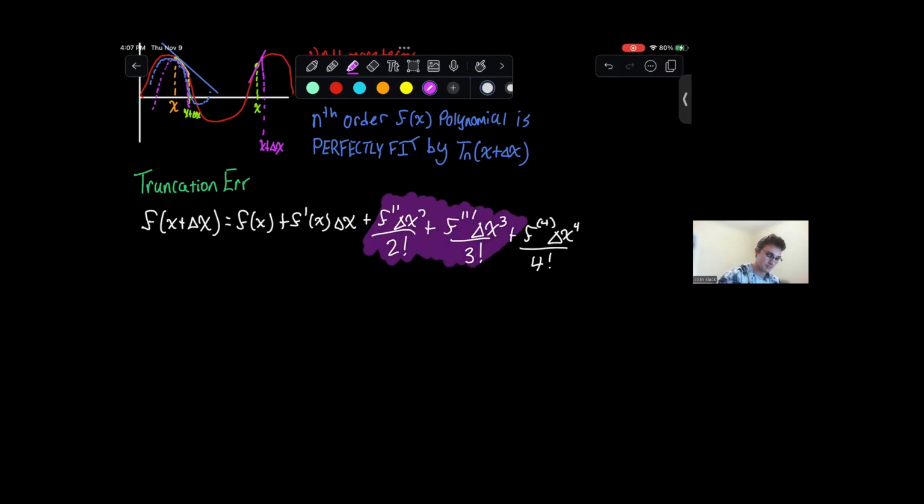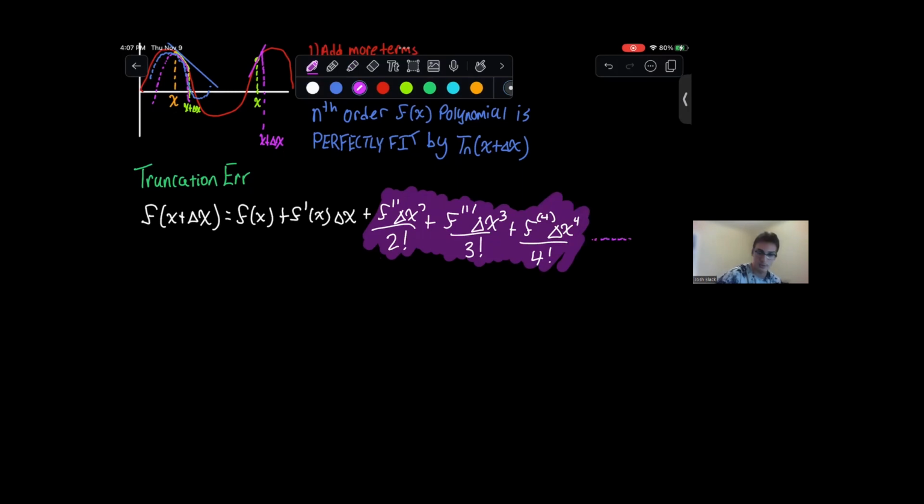I just said it's diminishing returns, so let's just get rid of this. Well, we need to remember that these values, along with all the values that go on to infinity, are technically still within this polynomial. We call these our remainders. And the order of our remainder is going to be whatever order the smallest term is in the remainder.